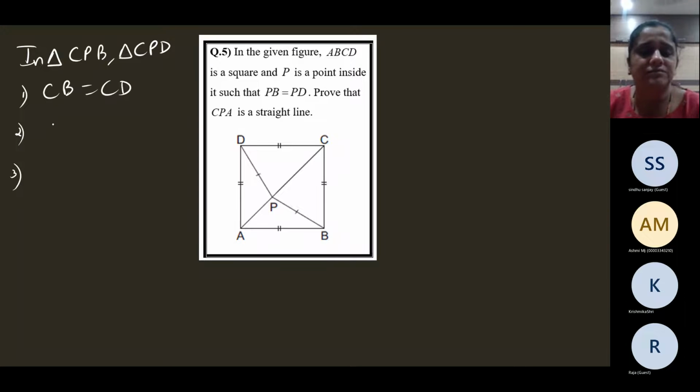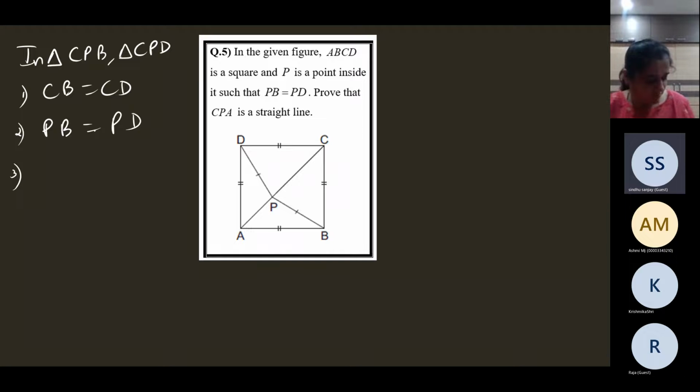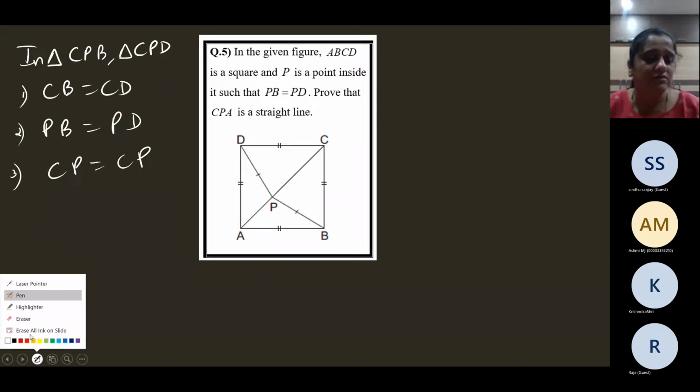Okay, then. PD is equal to PB, ma'am. No, but you should say PB is equal to PD. Then CP is common, ma'am. Very good. CP is a common side. Correct.